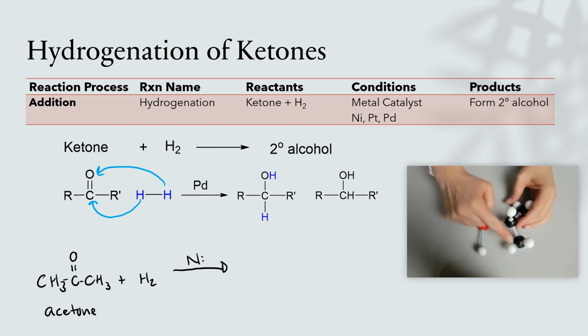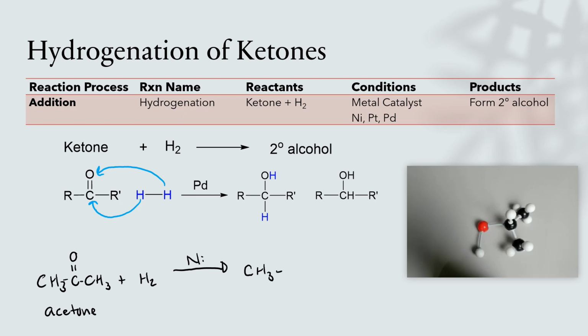Because it is the second carbon in this compound that the OH group is on, that is what makes it a secondary alcohol. Therefore, acetone is going to reform into 2-propanol.